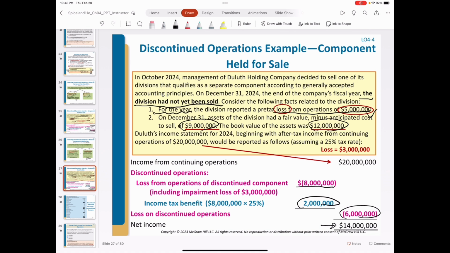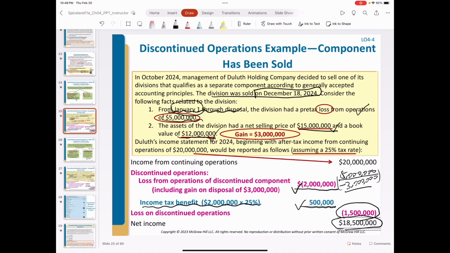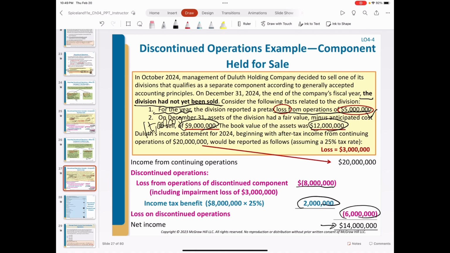I just assume the selling price is $15 million, just like the prior example. The $3 million difference will not be recognized as gains, because GAAP does not allow companies to reverse the impairment loss or recognize gains.